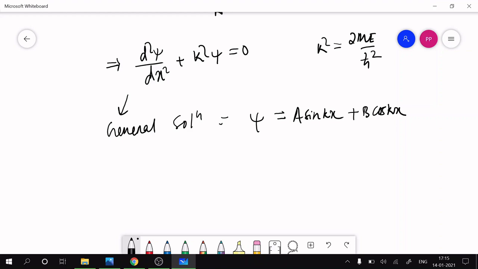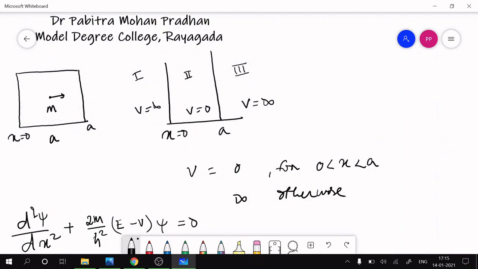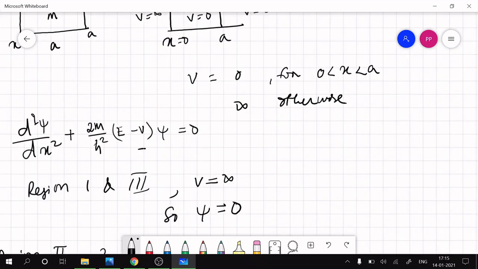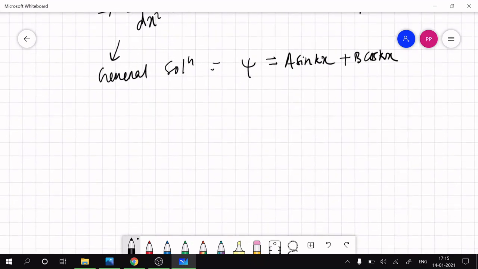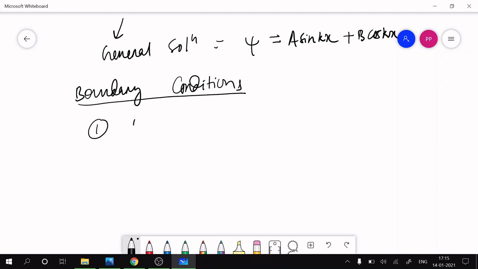Now we have to put the boundary conditions at these two boundaries, at x equal to 0 and x equal to a, where the wave function vanishes. What are the boundary conditions? First, ψ(x) at x equal to 0 must vanish.